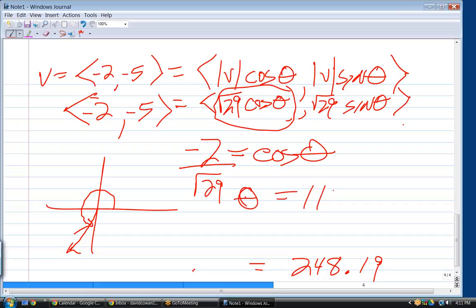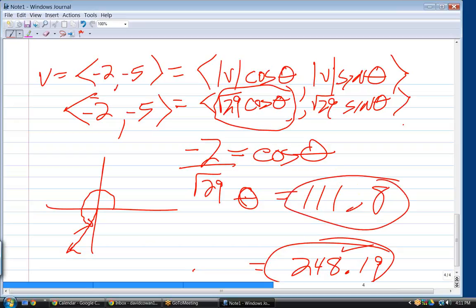111.8. And that's not theta, that's beta. But the way you get this number here is by subtracting that from 360. But there's no explanation as to why we would do that, why we would subtract it from 360. Because they see that beta is in the third quadrant.